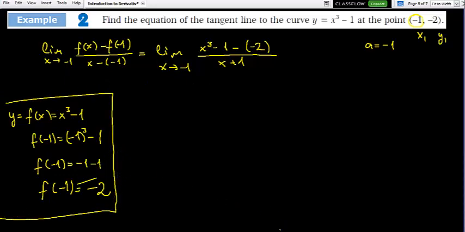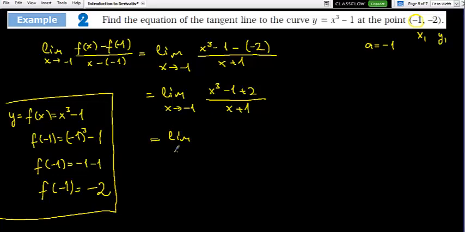Okay, then it's equal to the limit as x tends to minus 1 of x cubed minus 1 plus 2 over x plus 1, and that's equal to the limit as x tends to minus 1 of x cubed plus 1 over x plus 1.